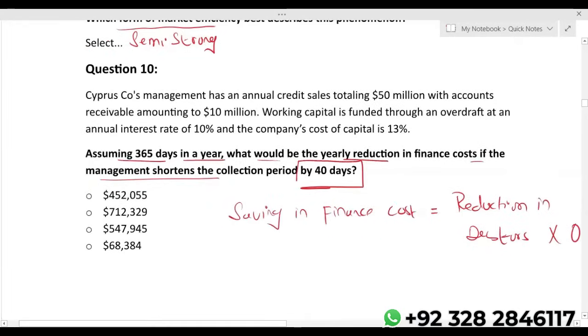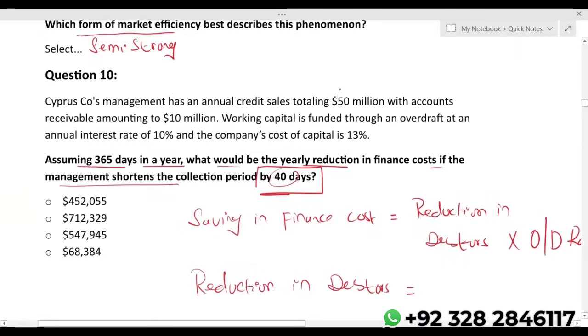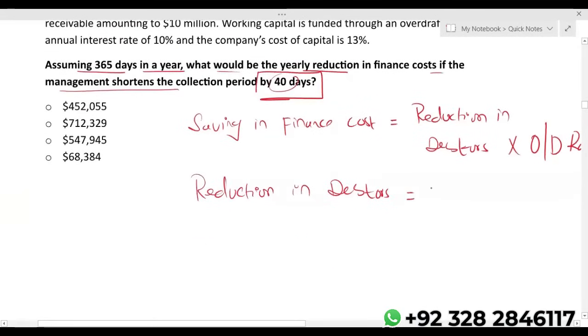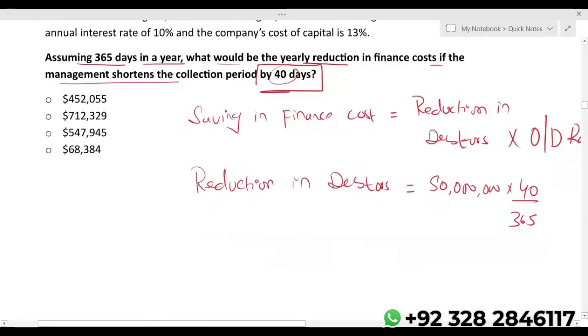Management shortens the collection period by 40 days, so we can directly calculate reduction in debtors. Your annual credit sale is 50 million. Debtors will reduce by 40 days.